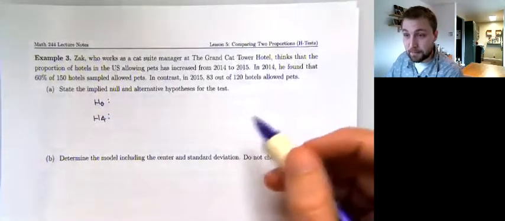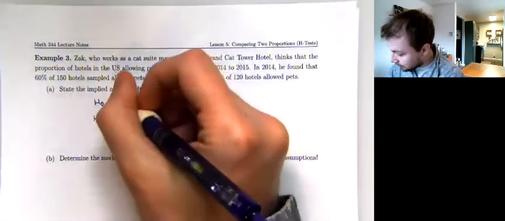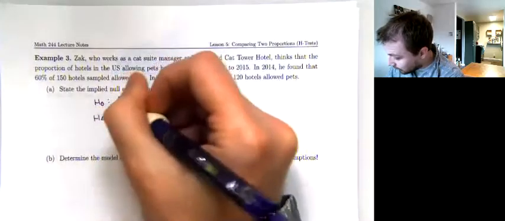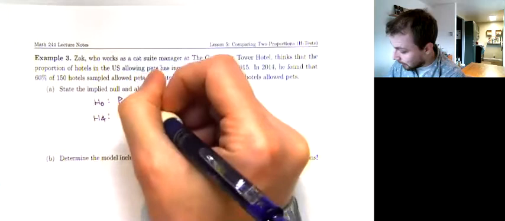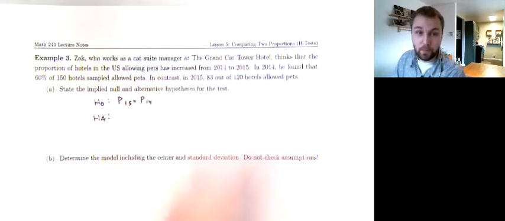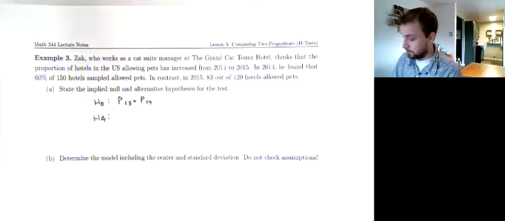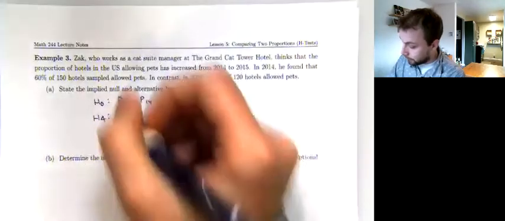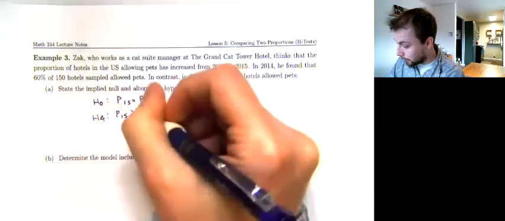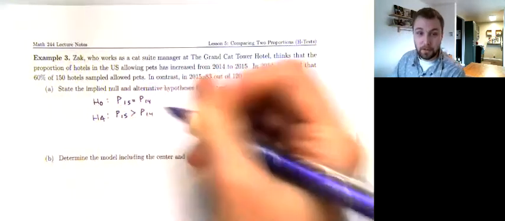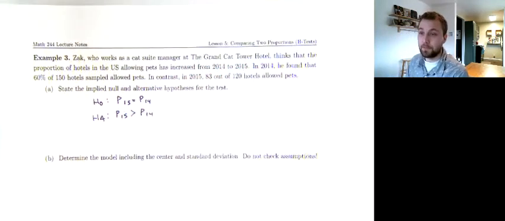I can set this up either way, but for my null hypothesis, I think the success rate for 2015 is the same as for 2014. Alternative hypothesis, I think the 2015 result is larger than my 2014 result.